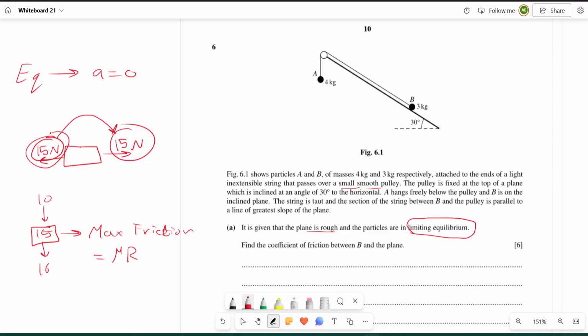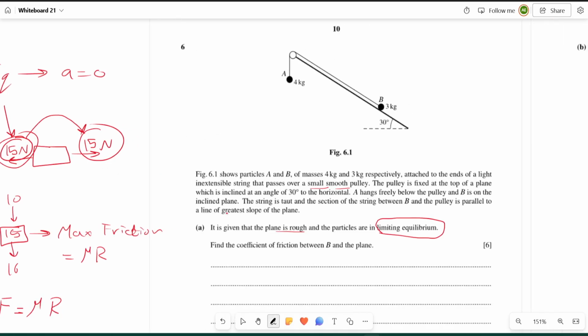That's why we're not moving. However, the word limiting means that friction is maximum friction. So in simpler and more straightforward words, whenever you see limiting equilibrium, it means that the friction force is equal to mu times R. Okay? This is a very important concept.